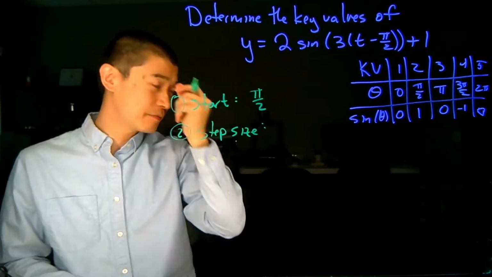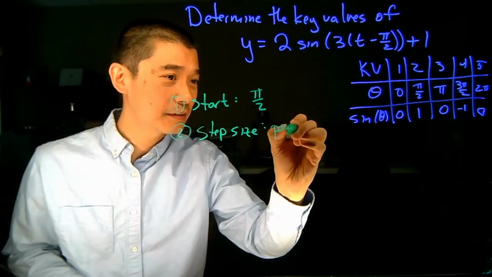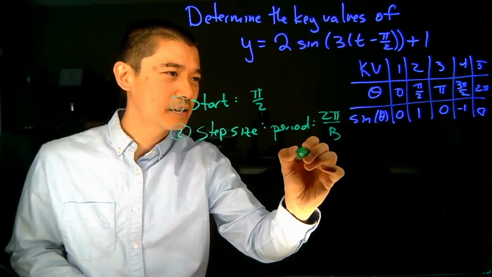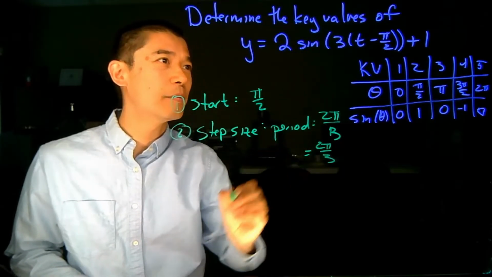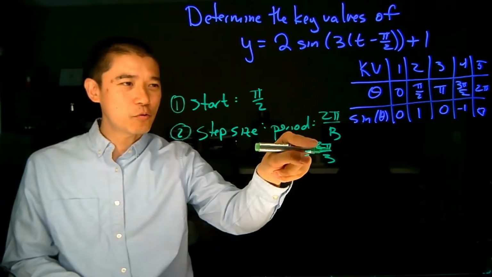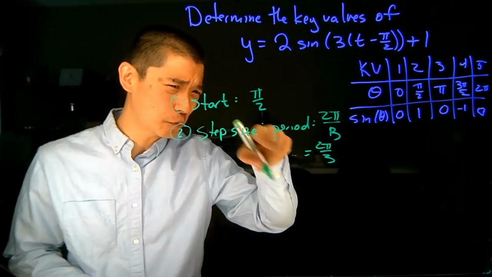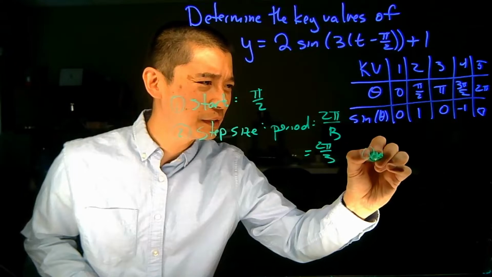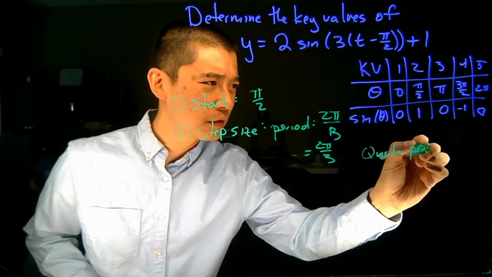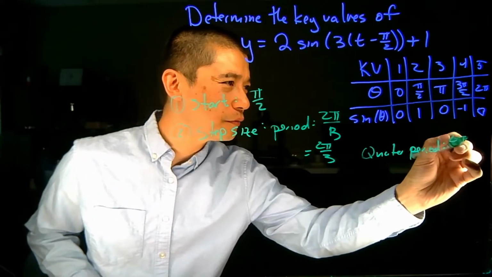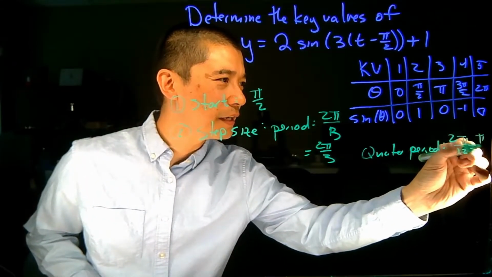So first of all, we'll write down the period, which is 2 pi over b, which is 2 pi over 3 in this case. And then the quarter period is 1/4 of that, or you could use the other formula. I just like to think of a quarter period here, so the quarter period is going to be this over 4, which is 2 pi over 12, which is pi over 6.